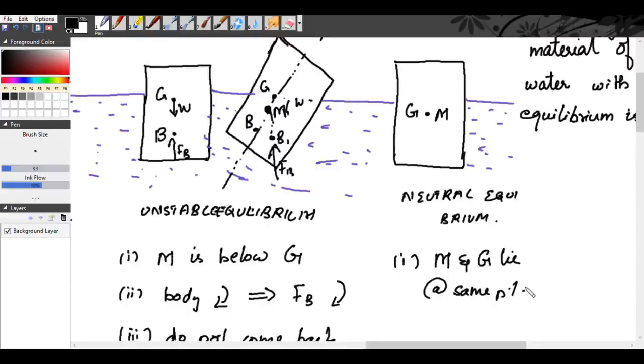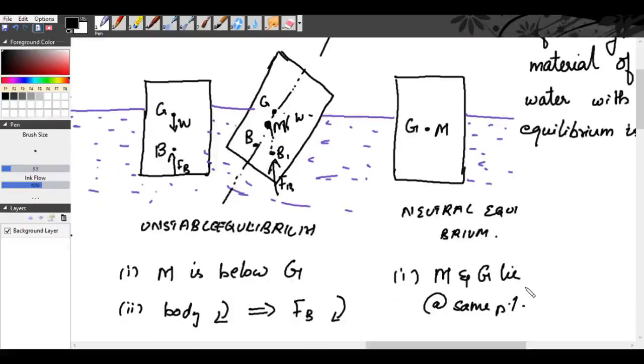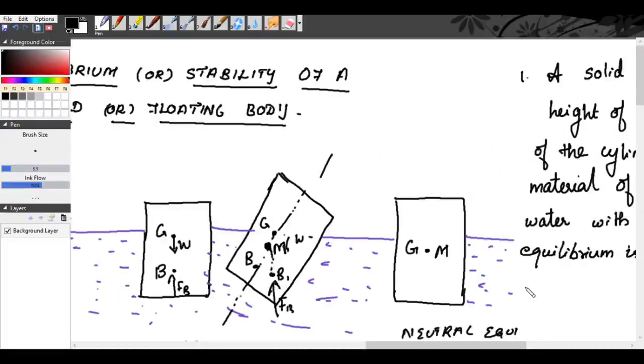So this is called neutral equilibrium, and these conditions are very important from the exam point of view: the conditions of equilibrium of a fully submerged and a partially submerged or floating body.